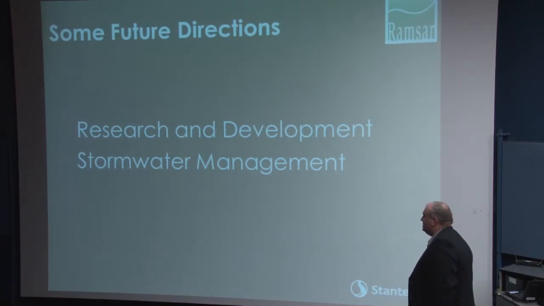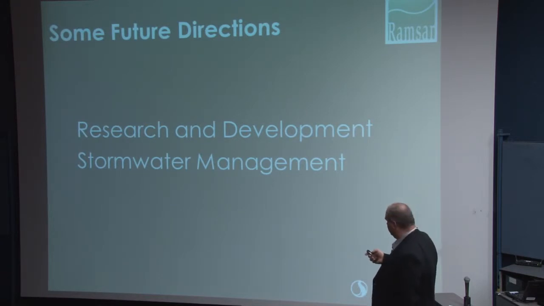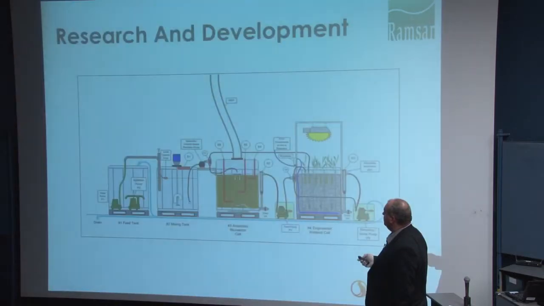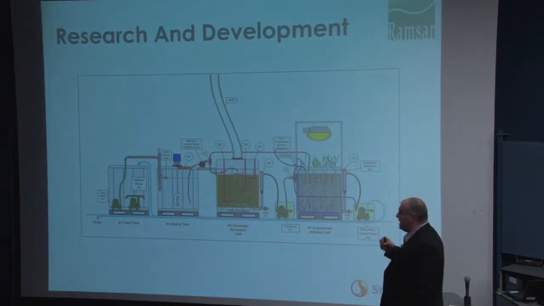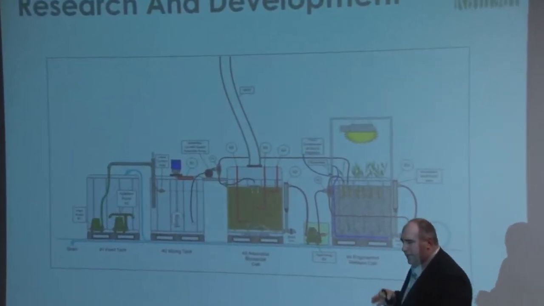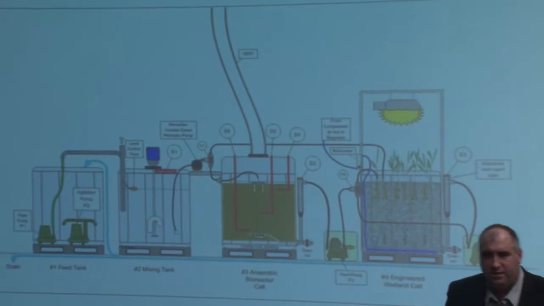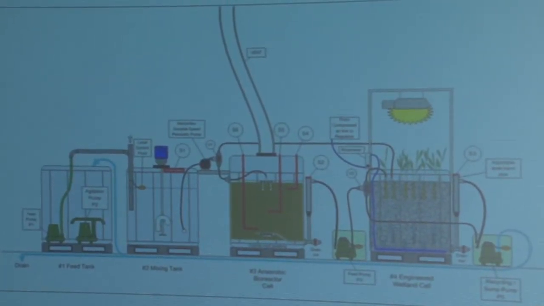What I want to do is just spend a moment talking about future directions for engineered wetlands. One of those is some happenings in research and development, and then also in stormwater management. So as you can imagine, engineered wetlands are typically designed and constructed in several phases.